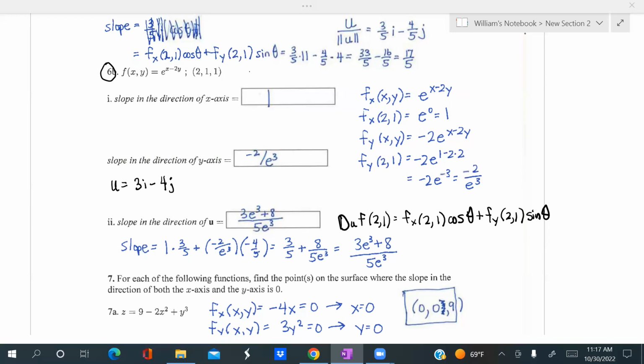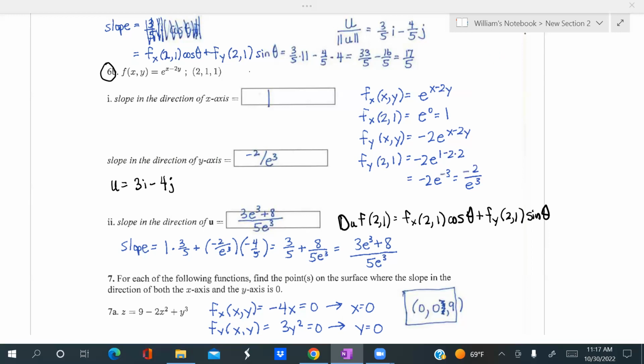Is that right? Did I do that right? Let's see. Plug in. Oh yeah, that's right. So 1 is the partial derivative with respect to x at x equals 2, y equals 1. So the slope in the direction of the x-axis is easy. It's just this value here, which is 1.